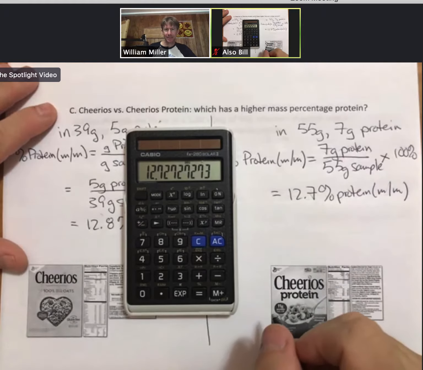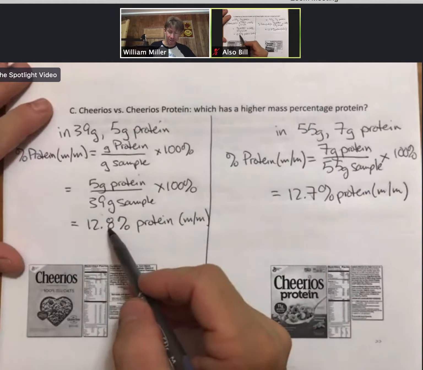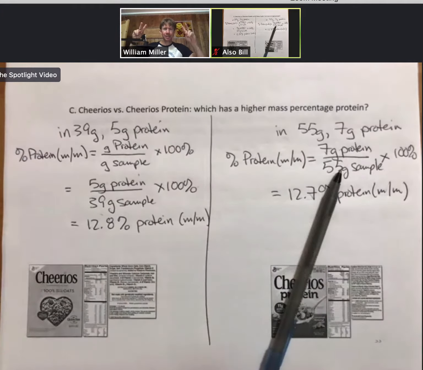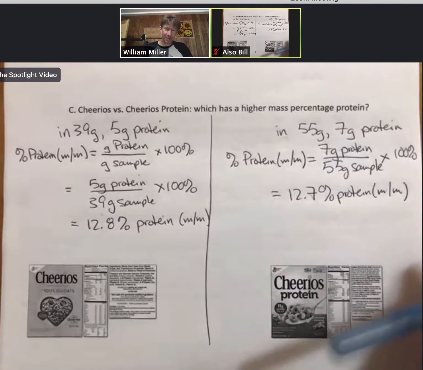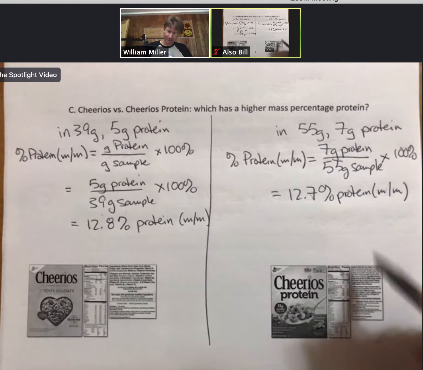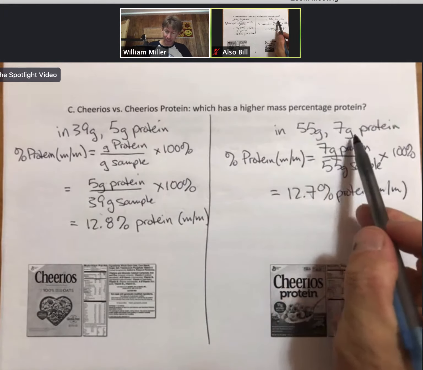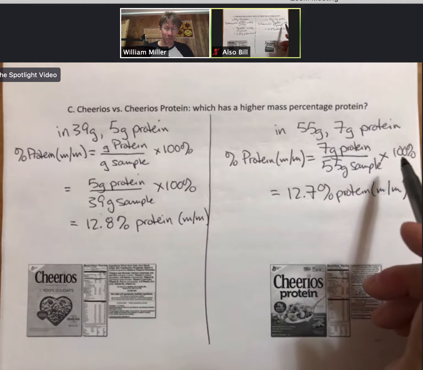mass by mass. And so it turns out that regular Cheerios and quote unquote Cheerios Protein had the same amount of protein. The only difference was that if you eat more grams of it, you get more grams of protein. Of course, you get more grams of everything else as well.